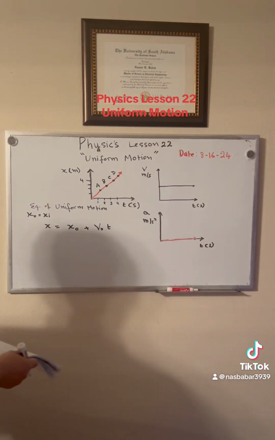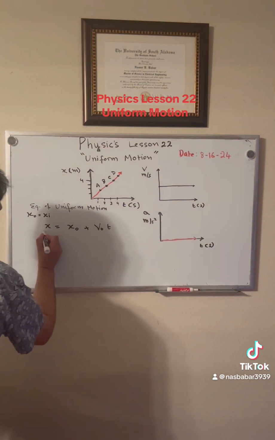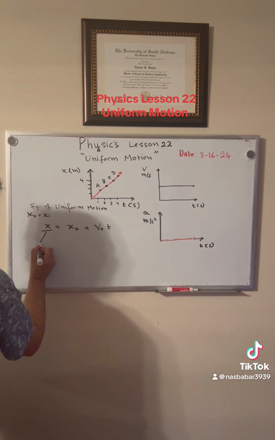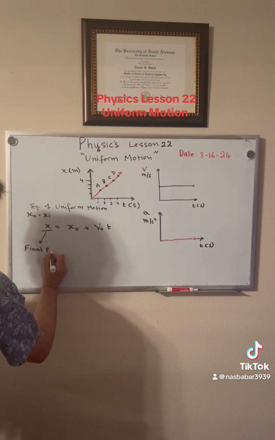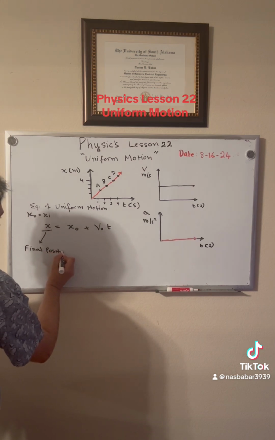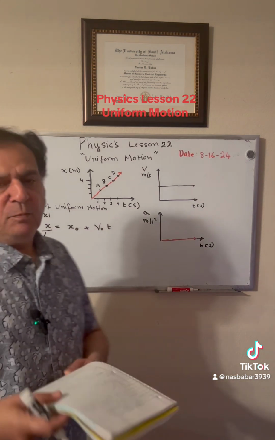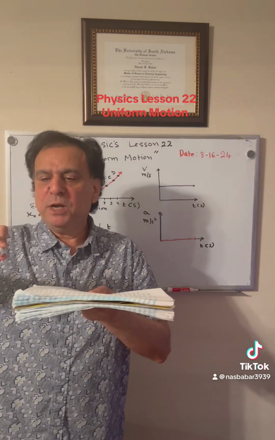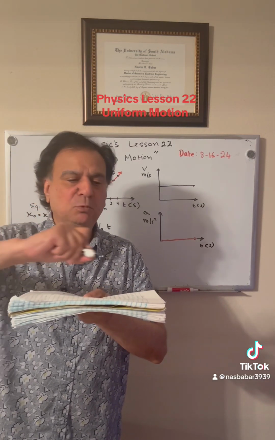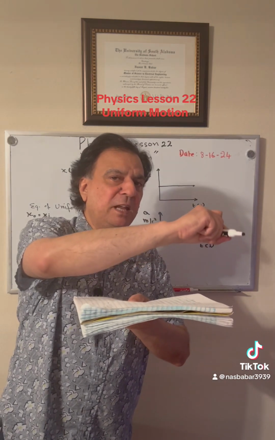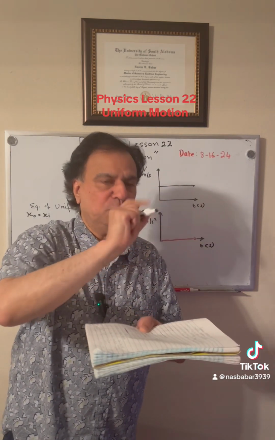Okay. First of all, x is the final position. Final position, meaning if I have this marker going from point A, which is at 0, and I go up to 10 meters, 10 meters is my final position.